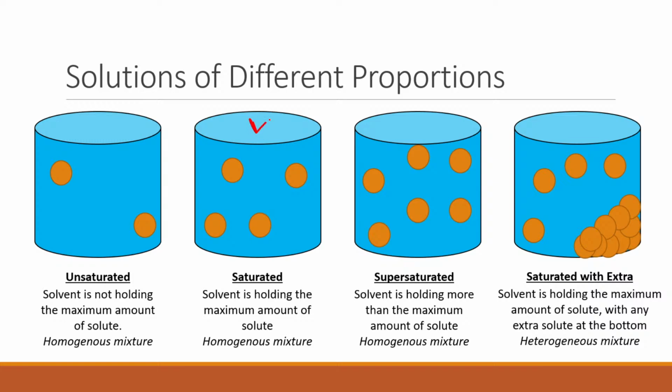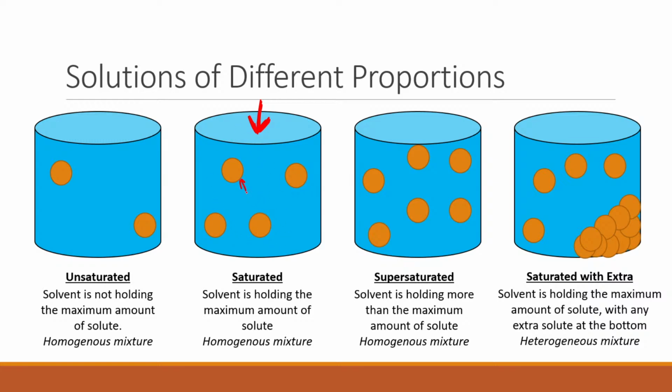We're going to start with this one here. This cup is a saturated cup of water with orange, right? It's saturated with orange, full of orange. A saturated solution is when the solvent, the water in this case, is holding the maximum amount of solute.